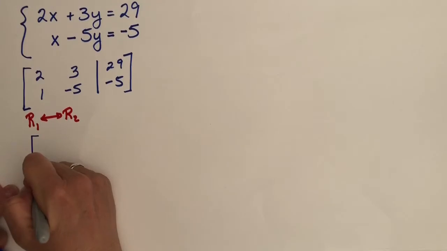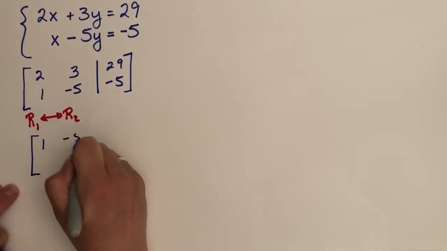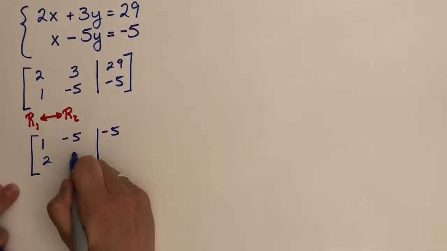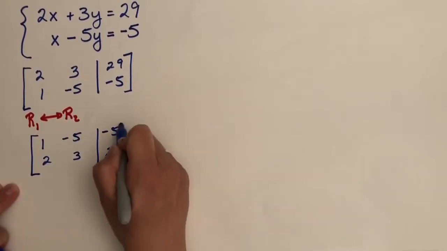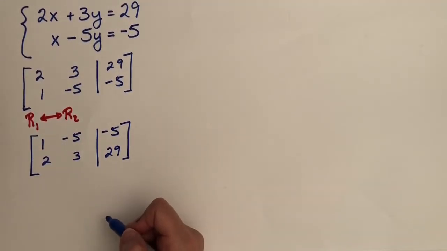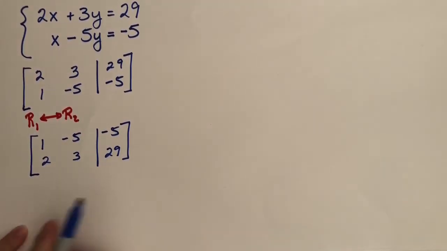Our matrix will now be 1, -5, -5, and 2, 3, 29. And it's nice to have this roadmap for somebody reading your paper, or for you if you're going back to check your work, so you can figure out what happened to getting from one matrix to the next. So now we have a 1 here.